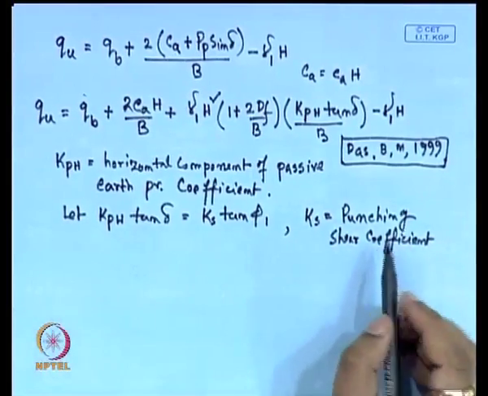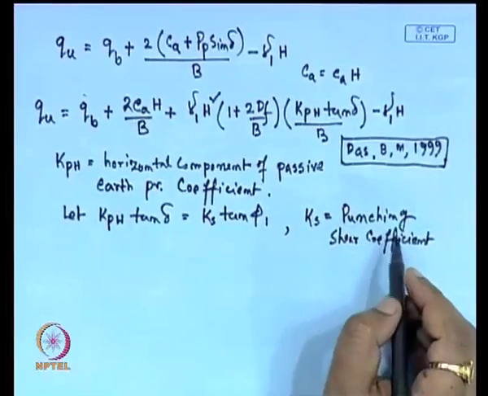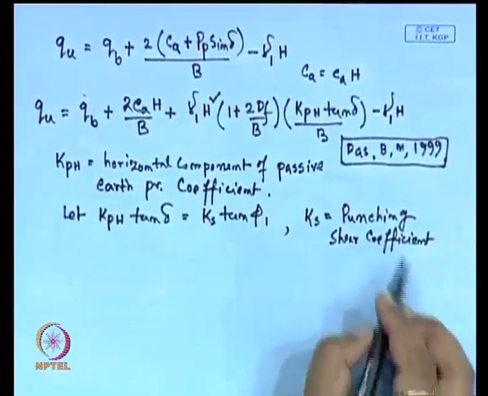As I have mentioned, for the first layer it will be a punching shear type of failure. So, this is the punching shear coefficient.